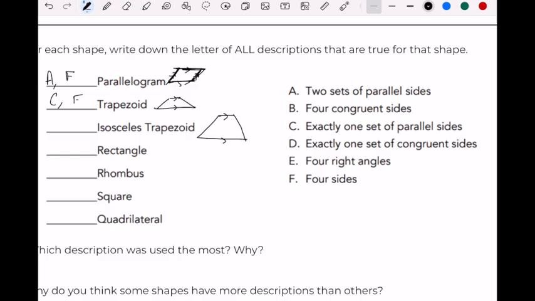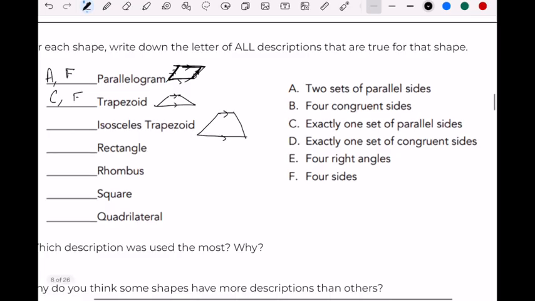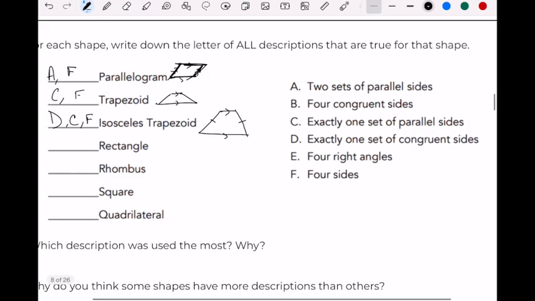An isosceles trapezoid, apart from having a pair of parallel sides, has non-parallel sides that are congruent. So here I do have one set of congruent sides, one set of parallel sides, and I have four sides.